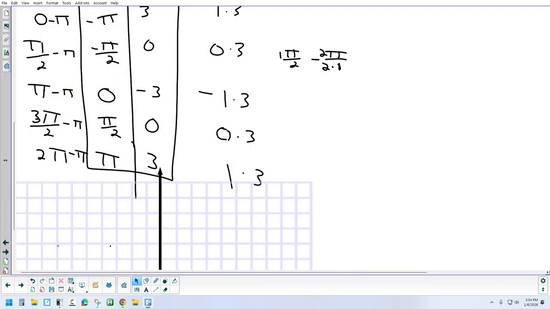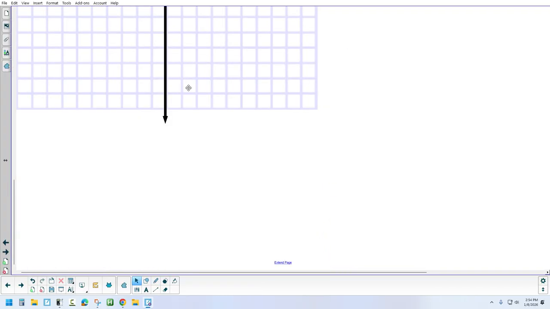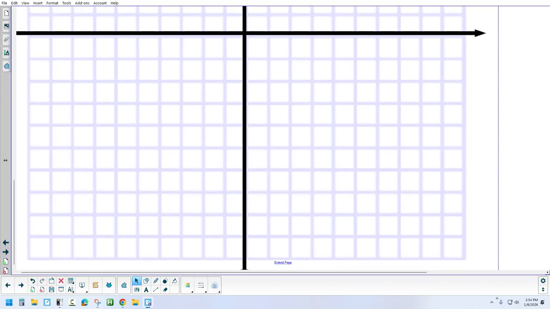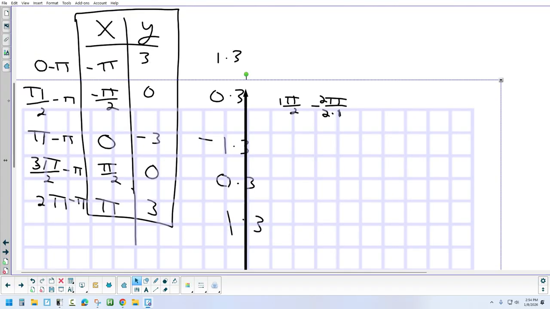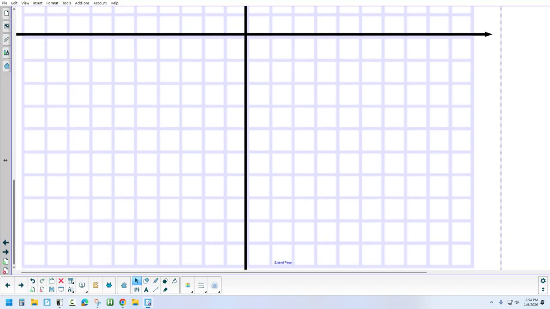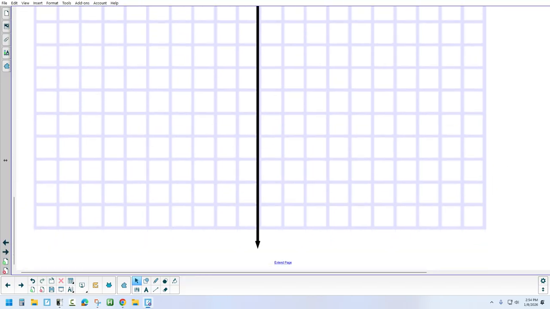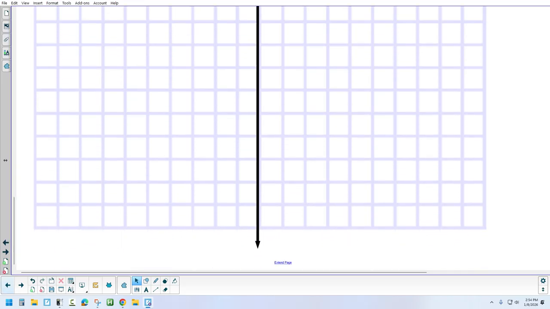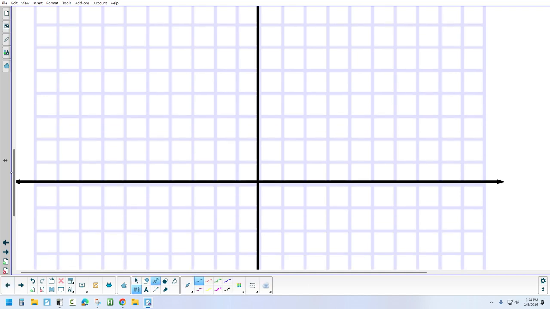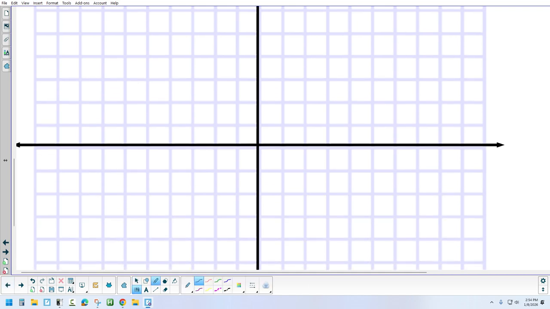I'm going to move that down and just try to make the graph a little bigger. Okay, so we need to make sure that we have 2 labels on the negative part of the x-axis, and then everything else is 0 or higher. So let's put negative pi right there.